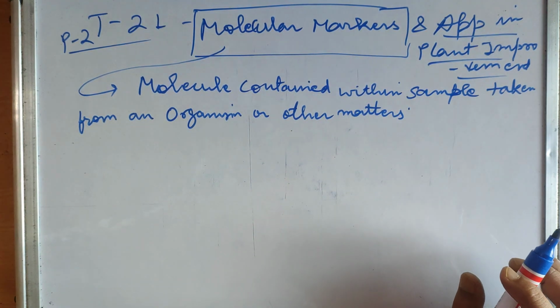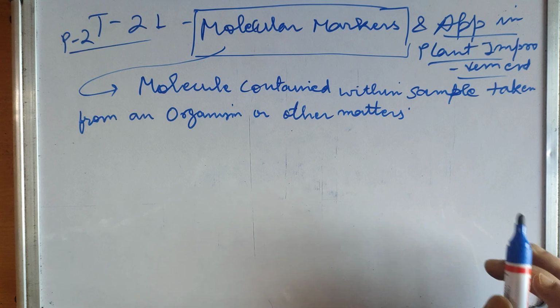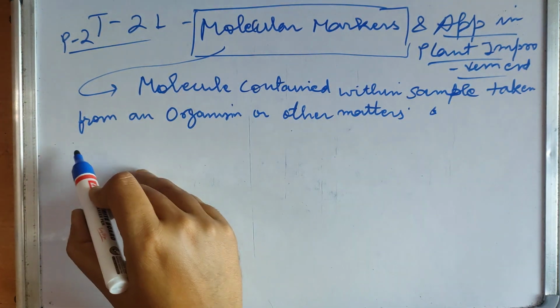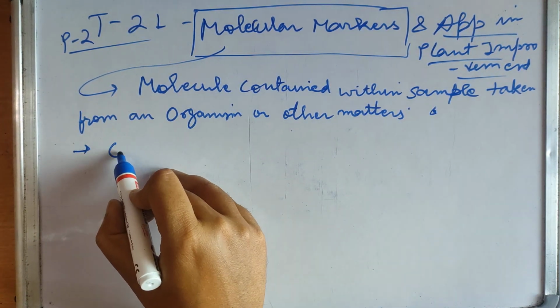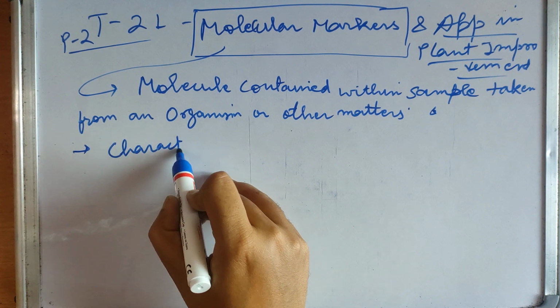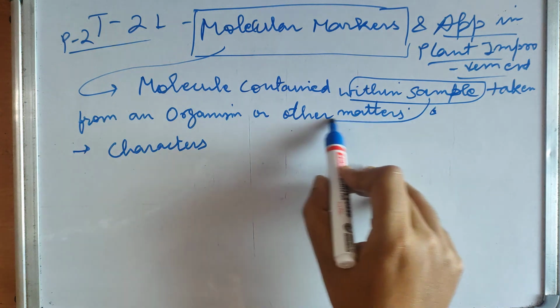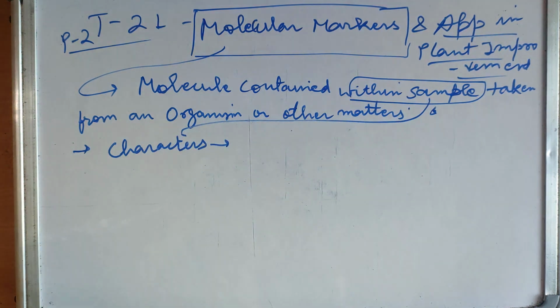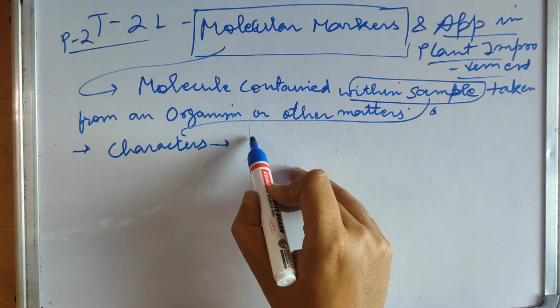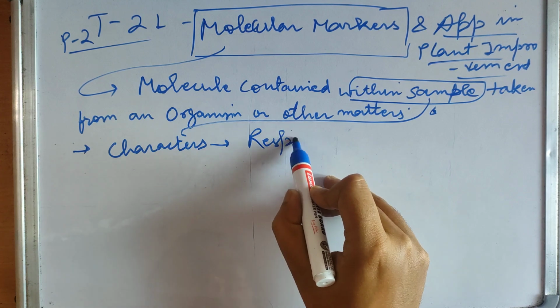It can be used to reveal certain characters about the respective source. Suppose we are taking a sample from a source, that sample will reveal some characters of that respective source.